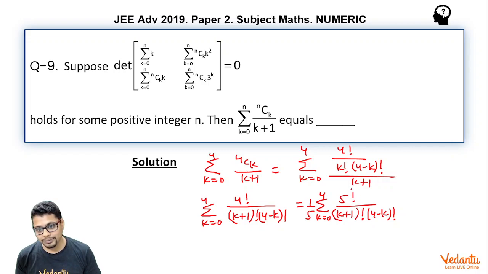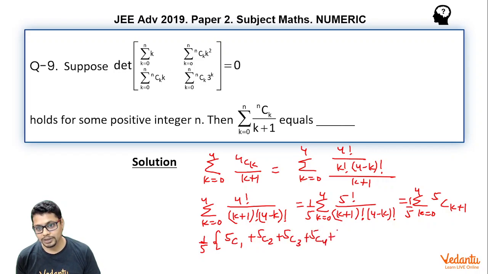So taking this as 5 factorial enables us to write this expression as 5 c k plus 1. So here this essentially becomes 1 by 5 times, you may say 5c1 when you put k to be 0, plus 5c2 plus 5c3 plus 5c4 plus 5c5.